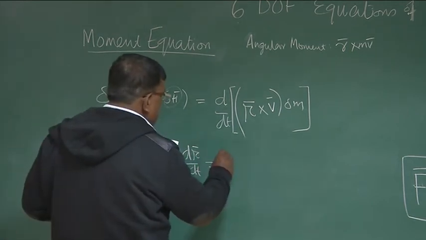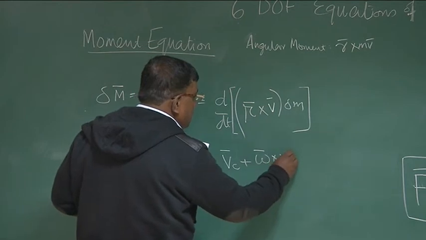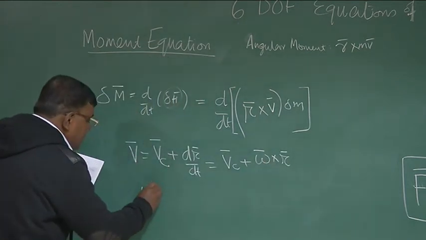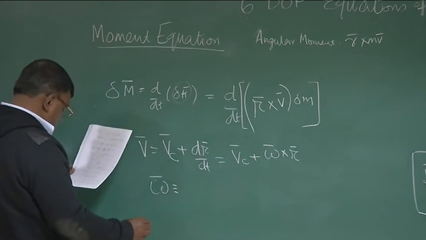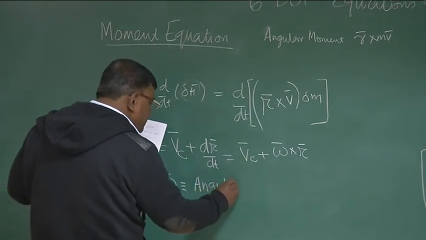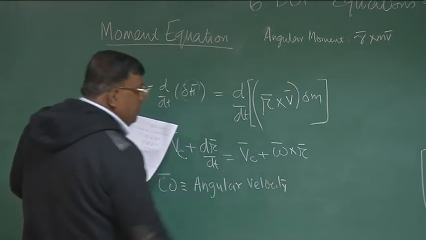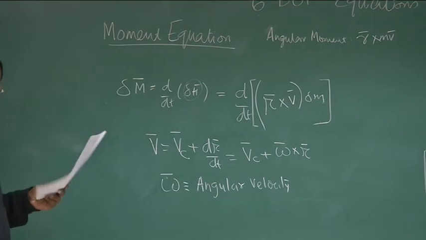This I can write as Vc plus omega cross r, where omega vector is the angular velocity with respect to the inertial frame, right?